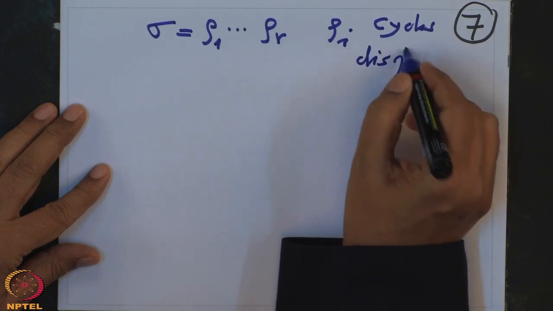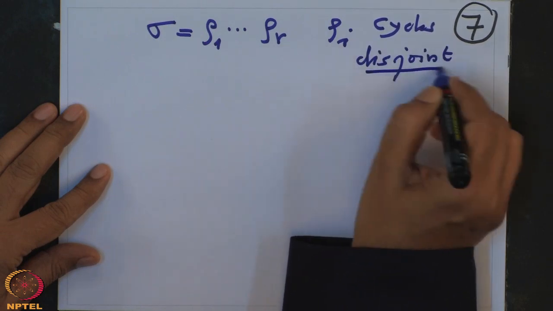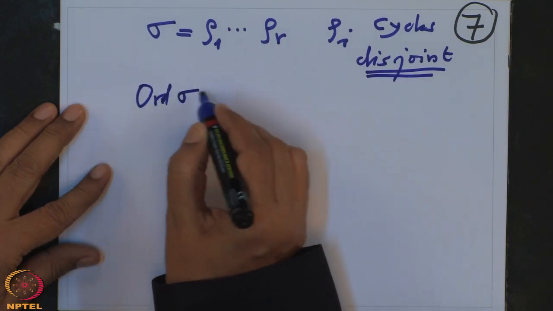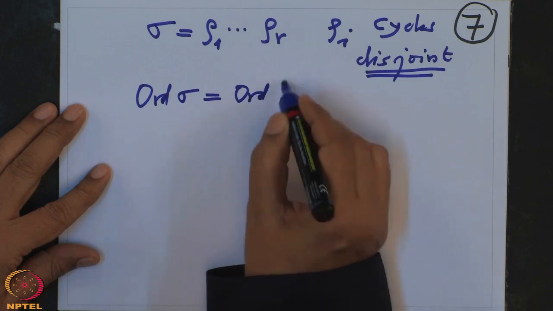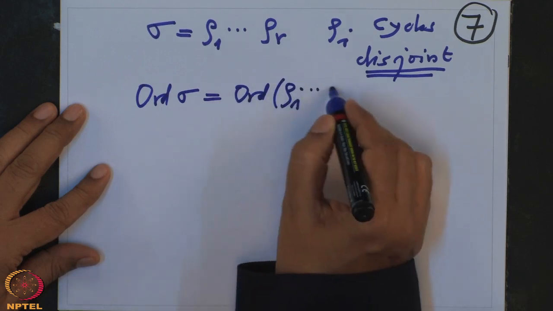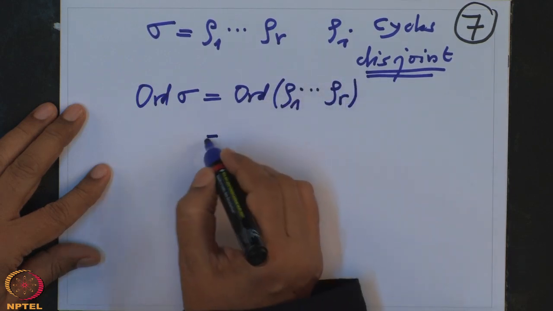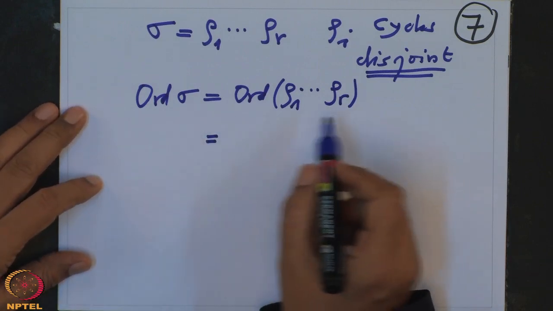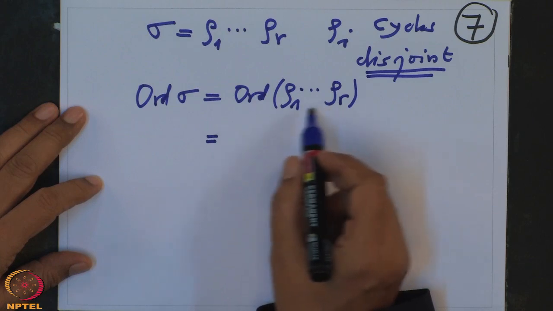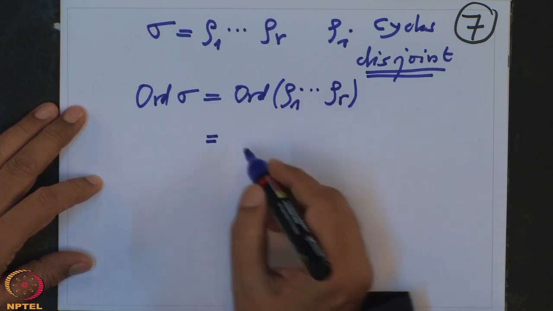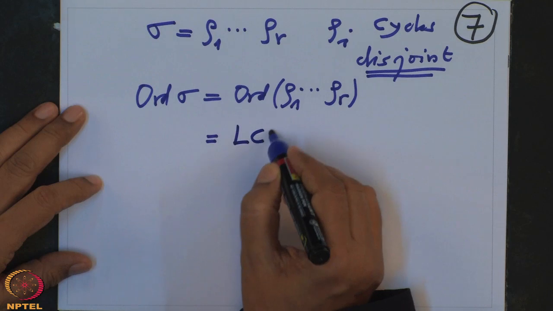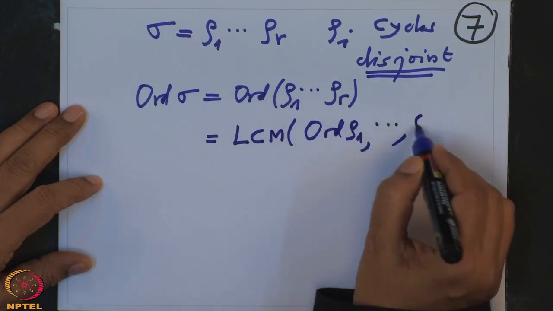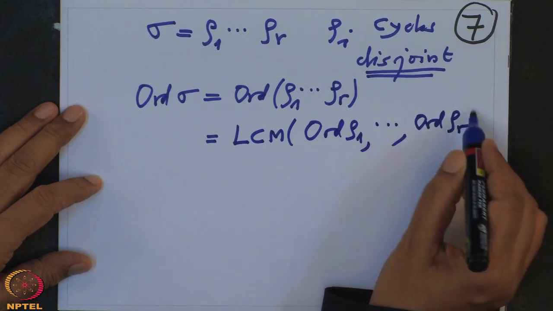Disjoint is very important. Then the order of sigma is the order of this product. The order of a product element in a group is not so easy to compute in general, but when they are commuting, then that order is nothing but the LCM of the orders of those elements. So this is easy to check.